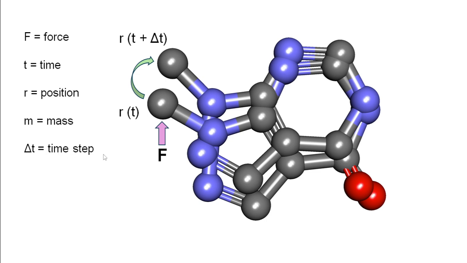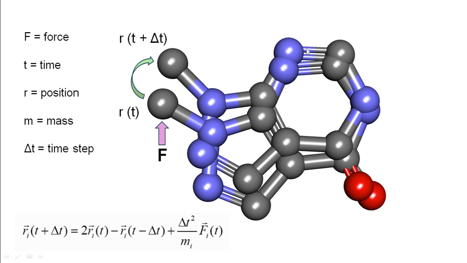If you want to see the position of this carbon atom after delta t time, that means you want to see the position after 2 femtosecond, the new time will be 1 nanosecond plus 2 femtosecond. In the new time, this is the position of this carbon atom. So through this equation, we can calculate the new position of this carbon atom.